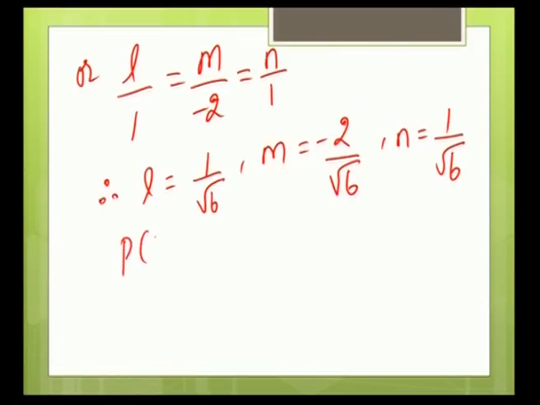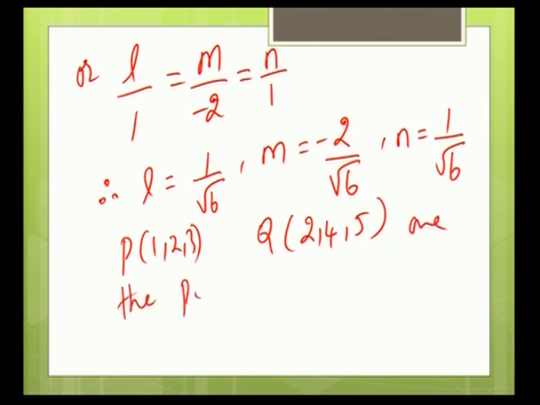Then point P, which has coordinates (1, 2, 3), and point Q, which has coordinates (2, 4, 5), are points on the given lines.